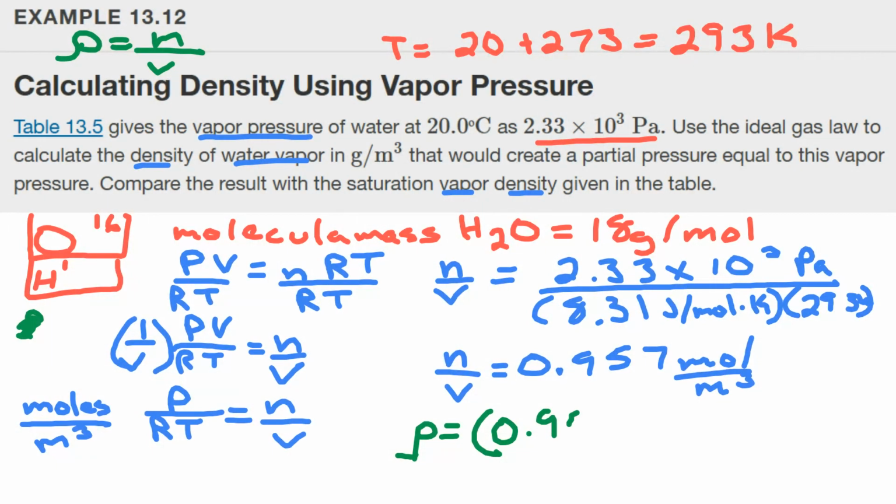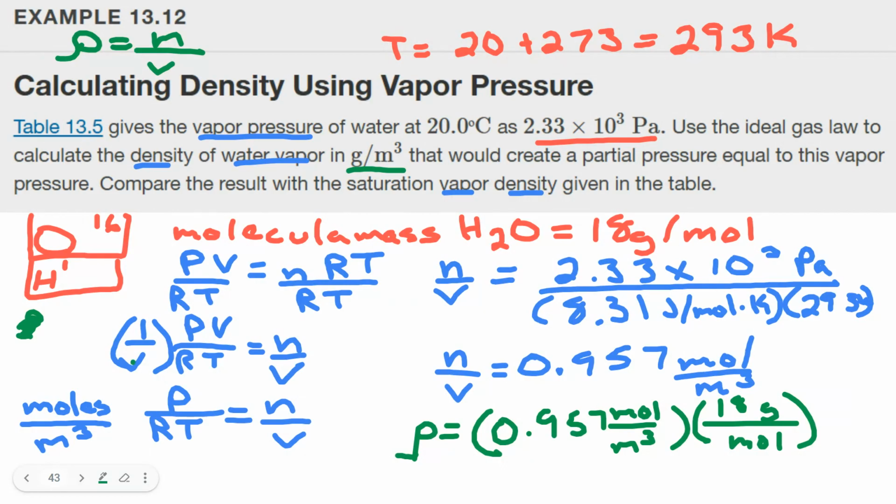This is 0.957 moles per meter cubed times the molar mass, which is 18 grams per 1 mole. Remember that our density is going to have to be grams per meter cubed. The moles cancel and I'm left with grams per meter cubed.